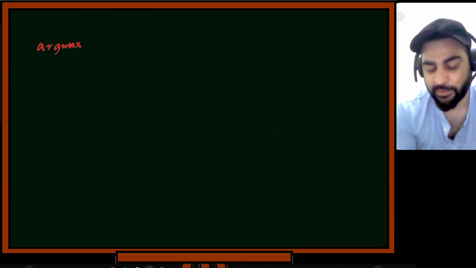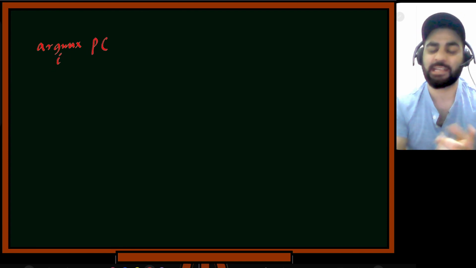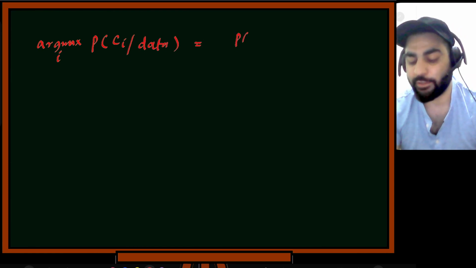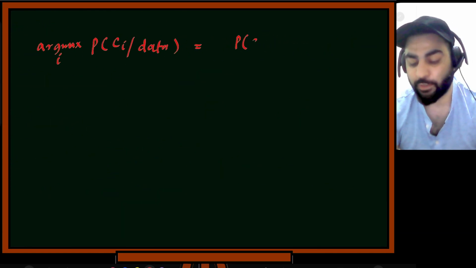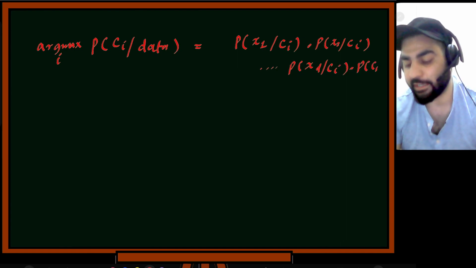So we have to compute the argmax over i of probability of class ci given the data. Using the Bayes theorem, this is probability of feature x1 given class i, multiplied by probability of x2 given class i, and so on, probability of xd given class i, multiplied by probability of class i.